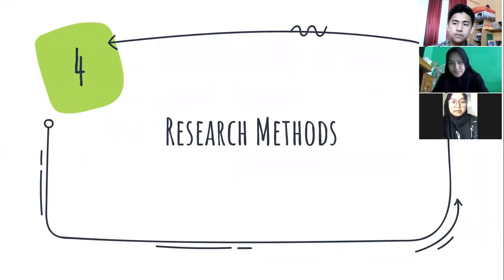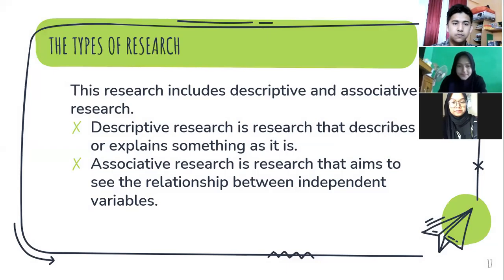Next slide is about research method. The types of research: this research includes descriptive and associative research. Descriptive research is research that describes or explains something as it is. And associative research is research that aims to see the relationship between independent variables.